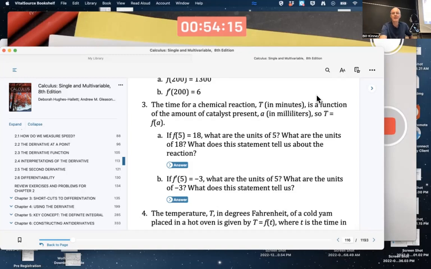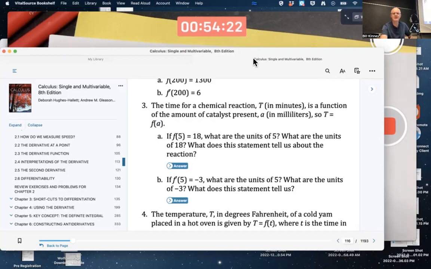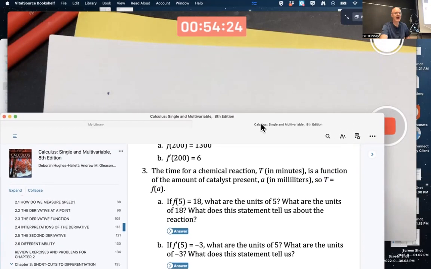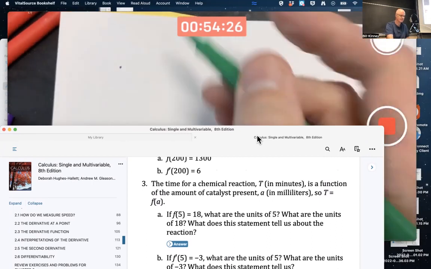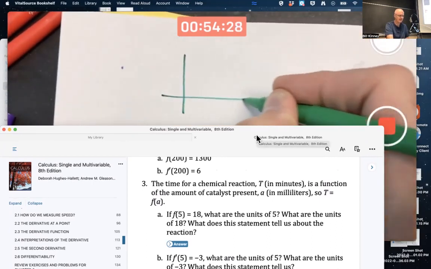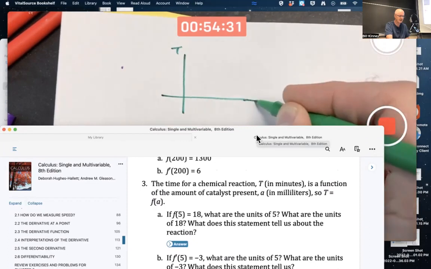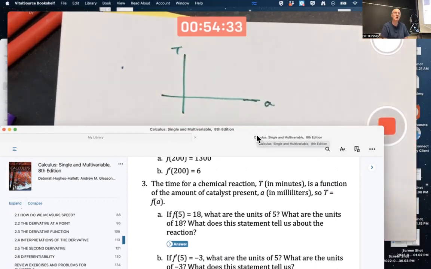Okay. T is a function of A. Before we try to answer these questions, it doesn't ask for a graph, but let's imagine the graph. What might the graph of the time of reaction as a function of the amount of catalyst present look like?